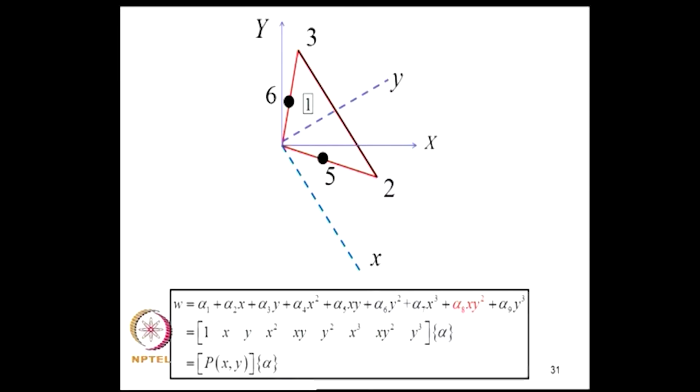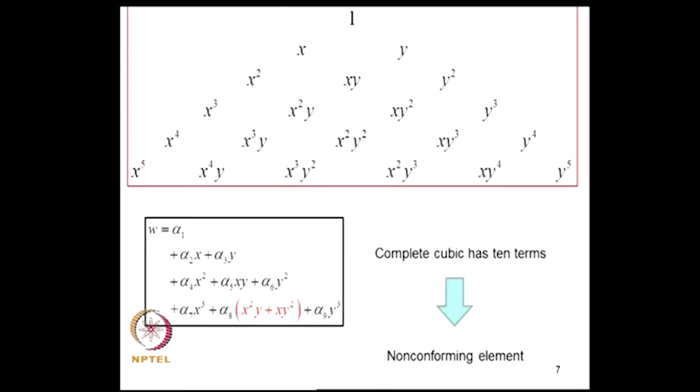The element 1 which has edges 0, 2, 3, and this is the x axis and this is the y axis. Now, we need 9 terms in our expansion. If we go back to Pascal's triangle, we need 9 terms.